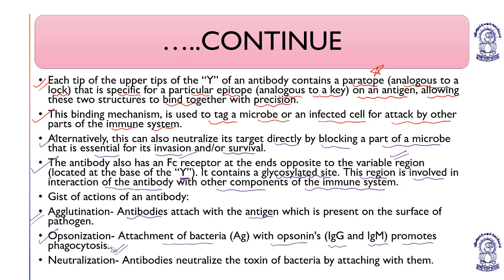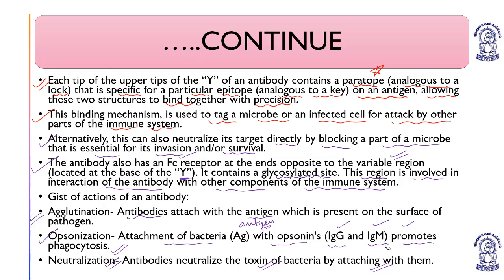So attachment of bacteria, the antigen, with opsonins like IgG and IgM promotes phagocytosis. Is that understood? Now, neutralization. Antibodies neutralize the toxin of bacteria by attaching with them.